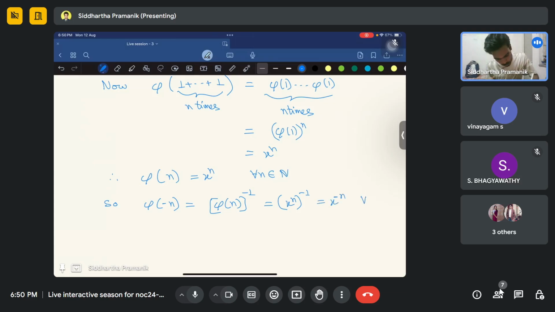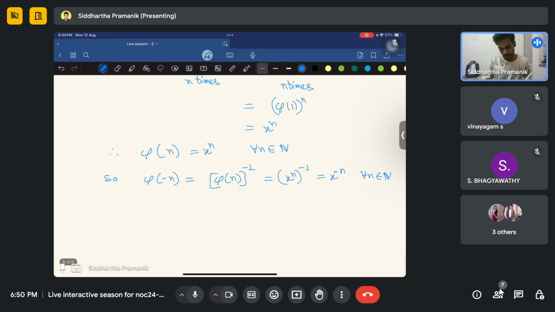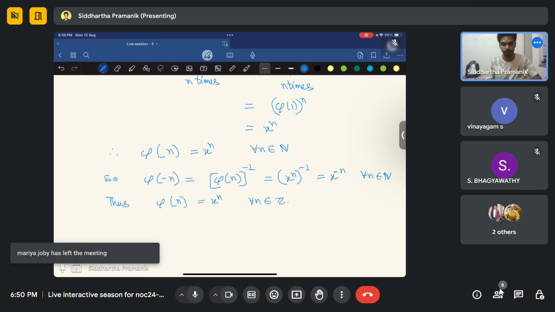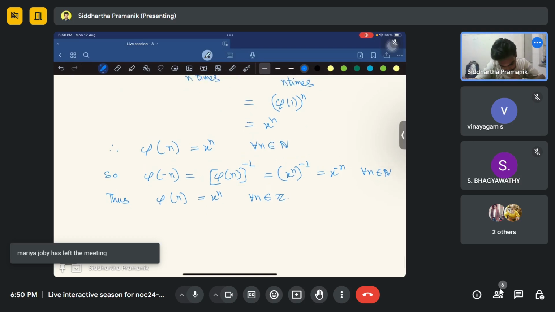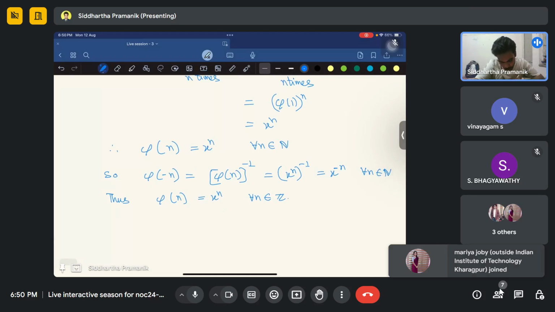And this also holds for every natural number. So let's combine these two. Thus, phi of n is equal to x power n, and this is true for all integers. Okay, so we have been able to find images of all integers.